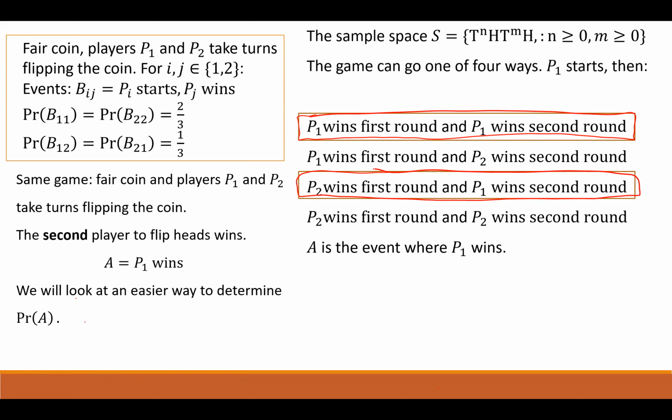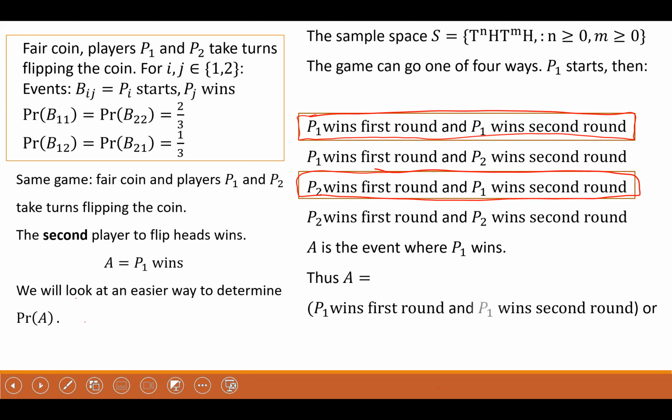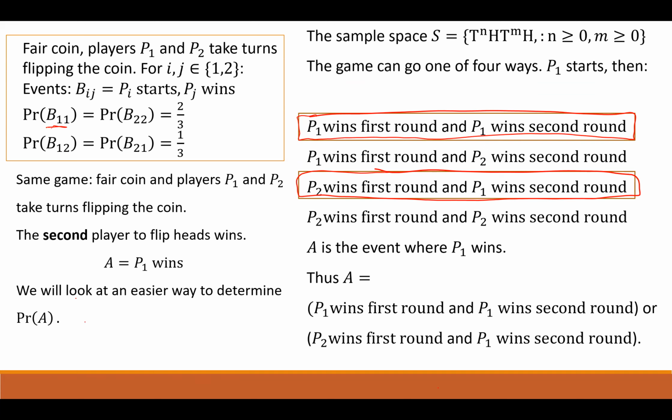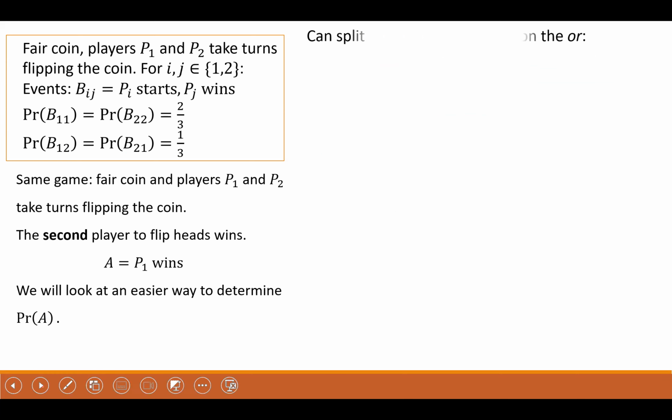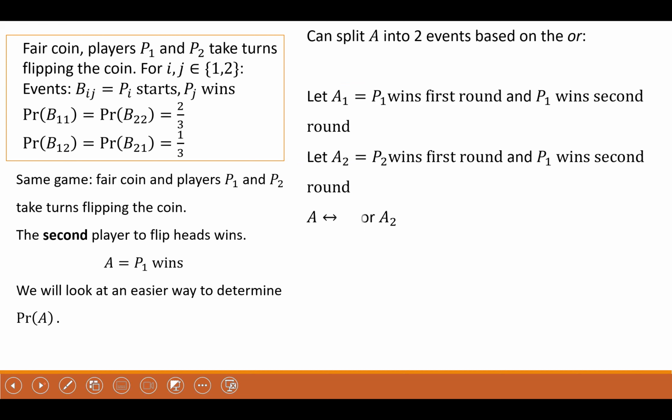Using these events, event A, player 1 wins, is player 1 wins the first round and wins the second round, or player 2 wins the first round and player 1 wins the second round. All right, so yeah, that's a problem with slides. Sometimes I explain things in a different order than the slides do, but okay, so let's go back to the slides.